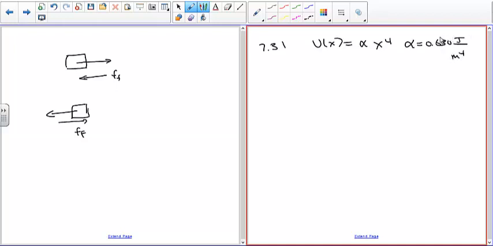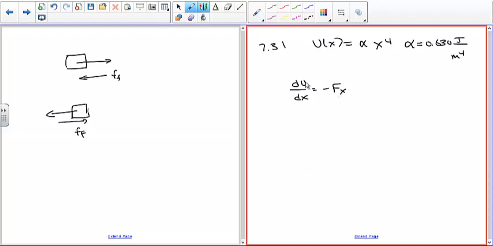And they ask, what is the force, magnitude and direction, when the particle is at x equals negative 0.8? So to get the force, we use this relationship that the derivative of the potential energy with respect to x is equal to negative the force in the x direction.